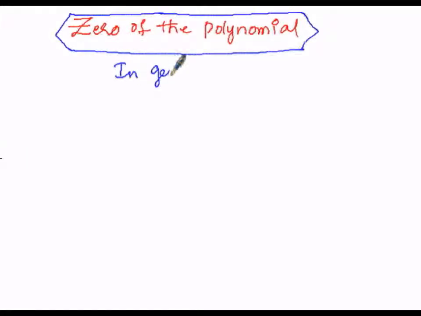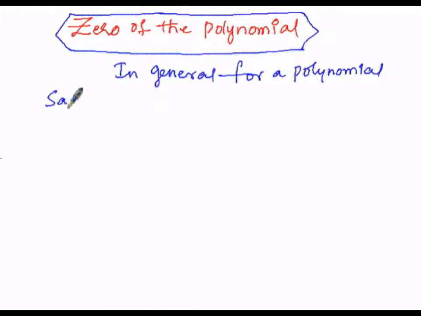In general, for a polynomial, say p of x, we are supposing the polynomial as p of x, a polynomial in which the variable is x.